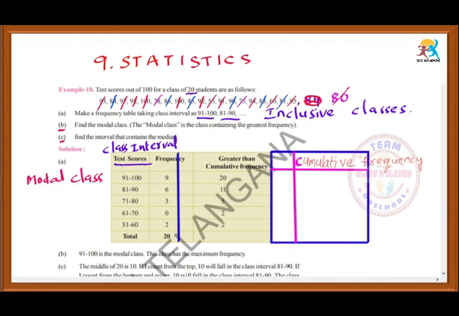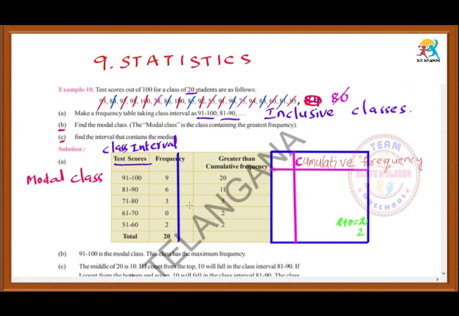Just see once. From bottom to top we can take 51 to 60. How many numbers? Two members. So write 2 here, and just add from bottom to top: 2 plus 0, that is equal to 2 again.